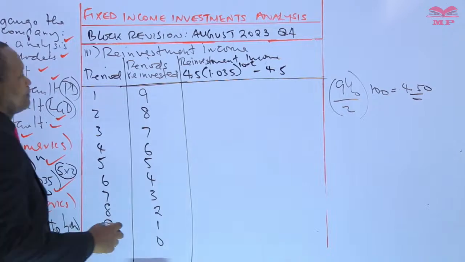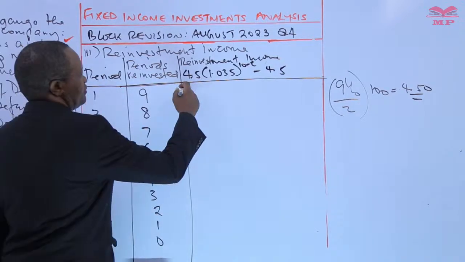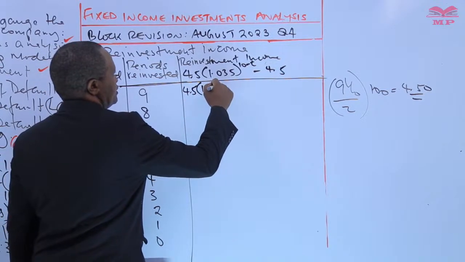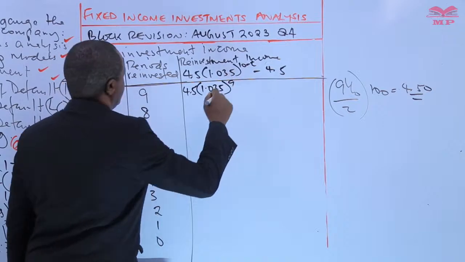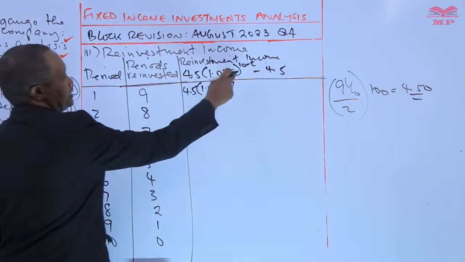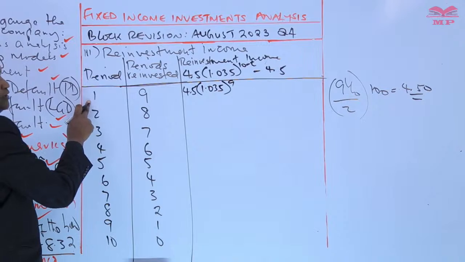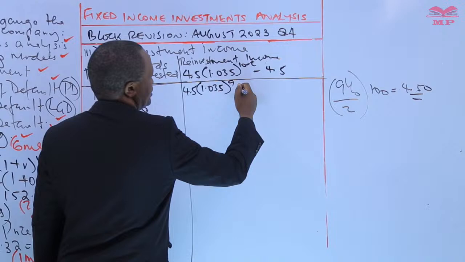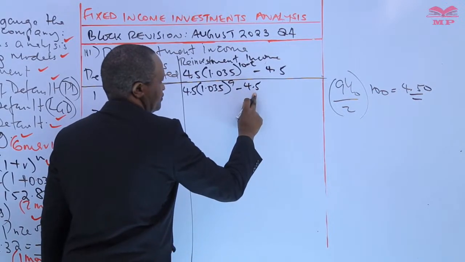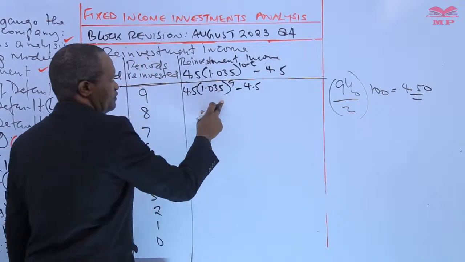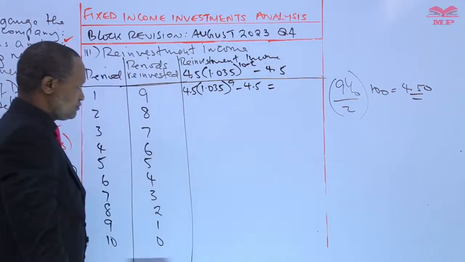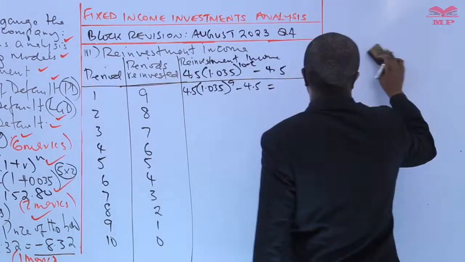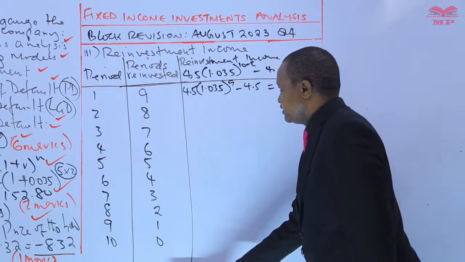So for example, at the end of period 1, we'll have 4.5 into 1.035 raised to 9. This 9 is 10 minus 1. Then the amount we get here, we deduct 4.5. Now, why are we deducting 4.5? Because this interest is compounded.